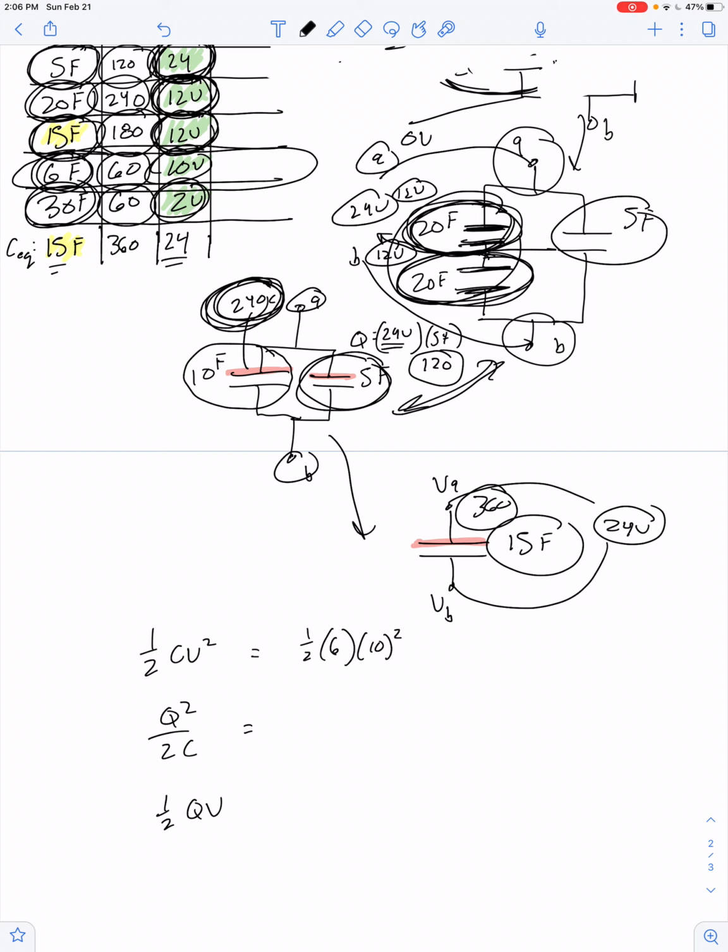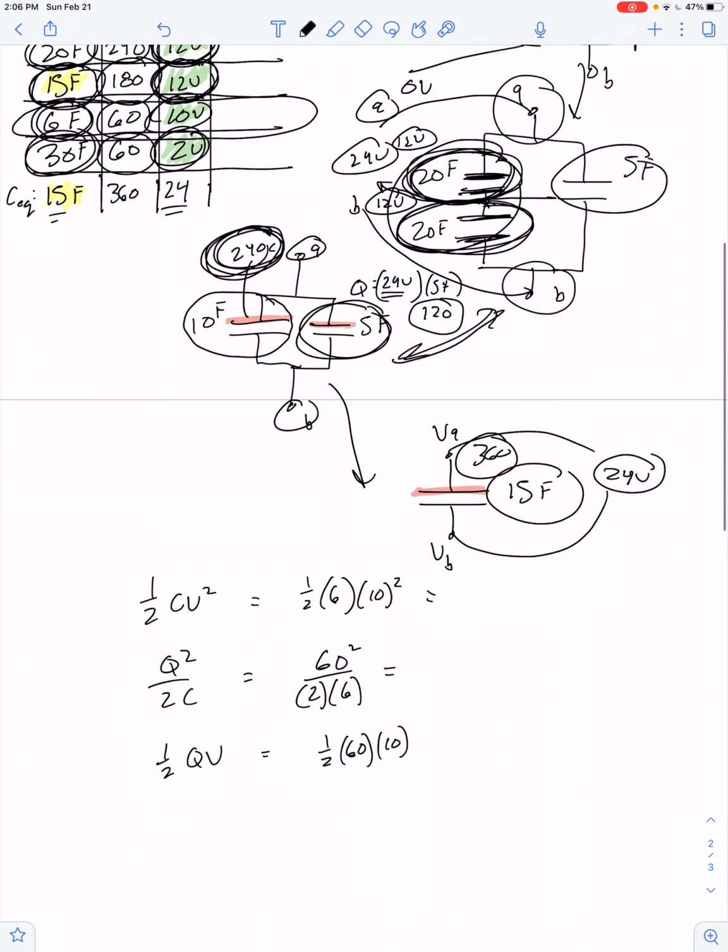Q squared over 2C would give us 60 squared over 2 times 6, and 1/2 QV would be 1/2 times 60 times 10, or in other words 30 times 10 for 300 joules. 10 squared is 100, half of 6 is 3, 300 joules. 60 squared is 3,600. 3,600 divided by 12 is 300 joules.